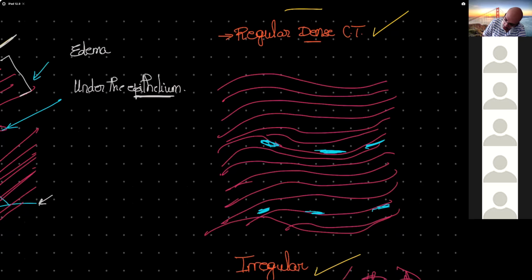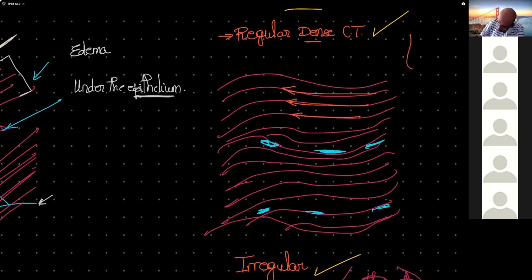When I pull on here, so think of it, what kind of organ has those regular collagen fibers that build up its structure?